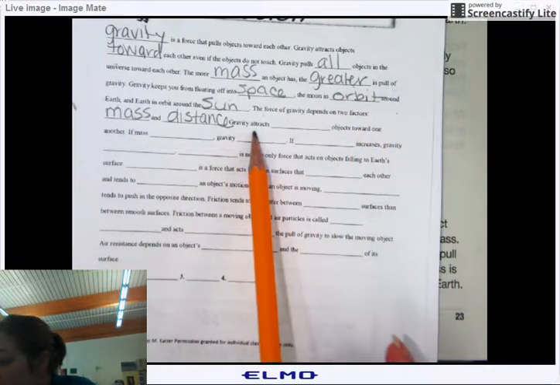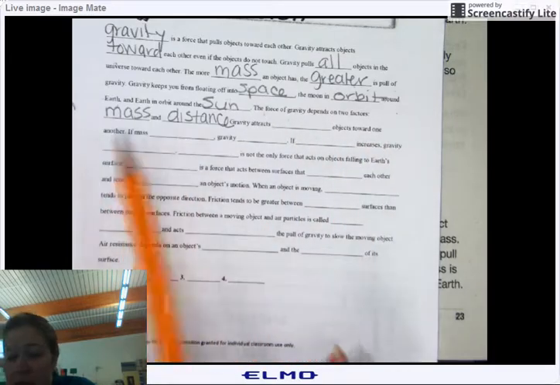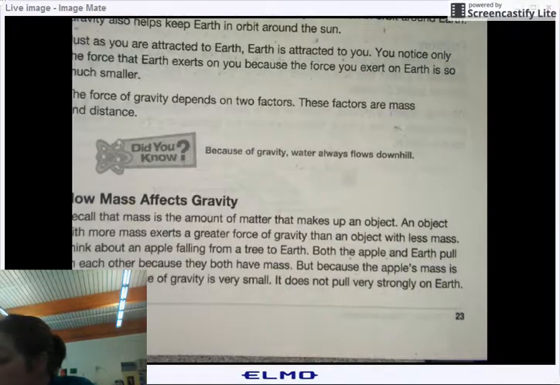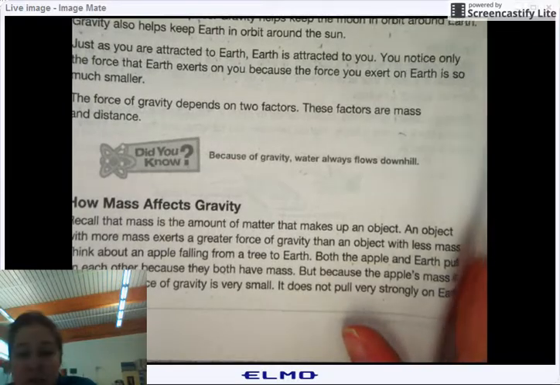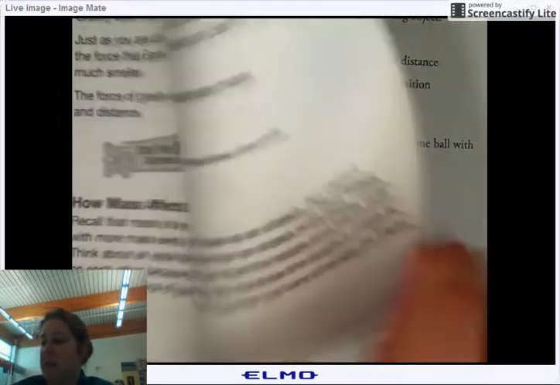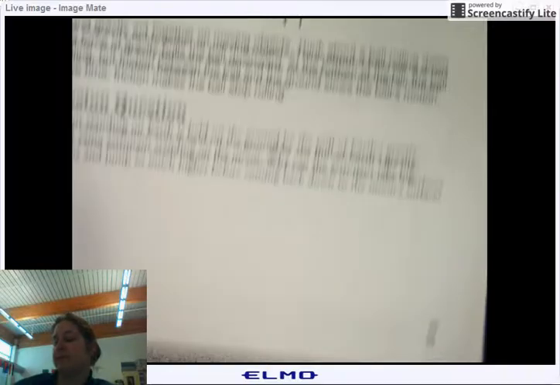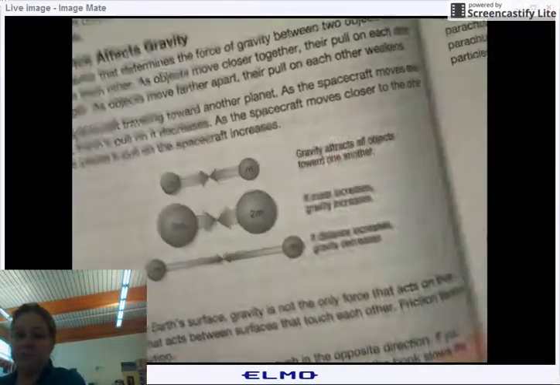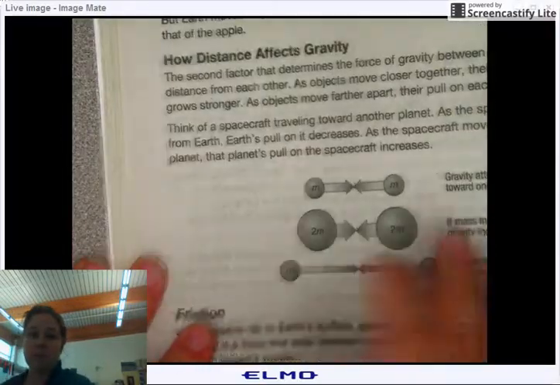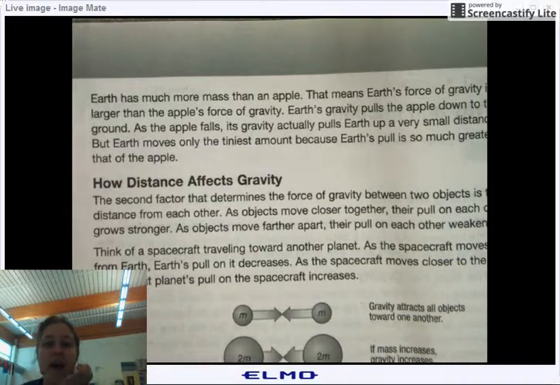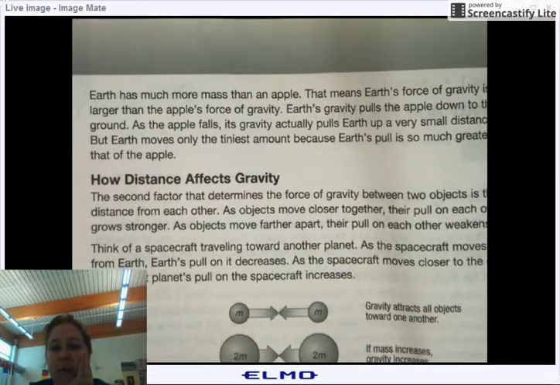So, gravity attracts blank objects towards one another. I don't know if I see that here. Let's see if we read the next page. Earth has much more mass than an apple.